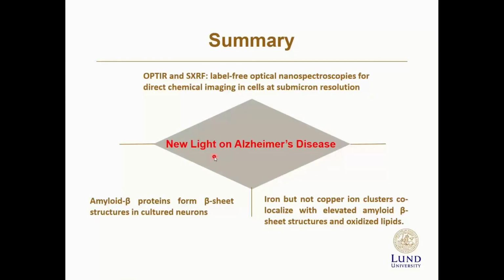In summary, in our work, we demonstrated that optical photothermal infrared spectroscopy can be used with X-ray fluorescence microscopy, label-free, to image amyloid beta sheet structures and metal distributions directly in cells at submicron resolution without chemical processing.